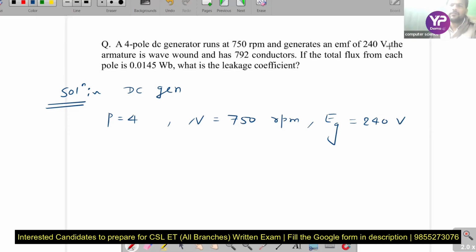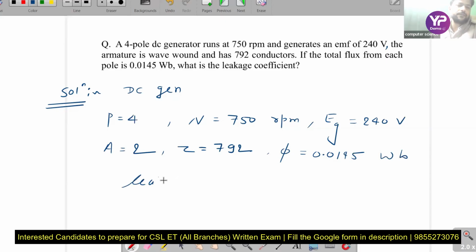The armature is wave wound, which means the number of parallel paths is equal to 2. The armature is wave wound and has 792 conductors, Z equal to 792 conductors. If the total flux from each pole is 0.0145 Weber, calculate the leakage coefficient.